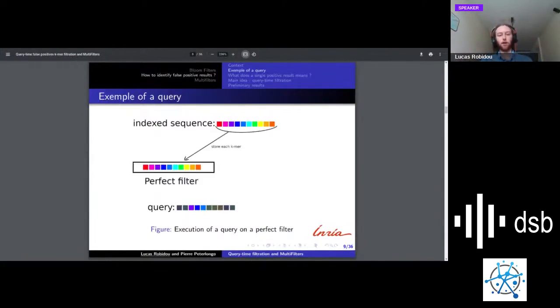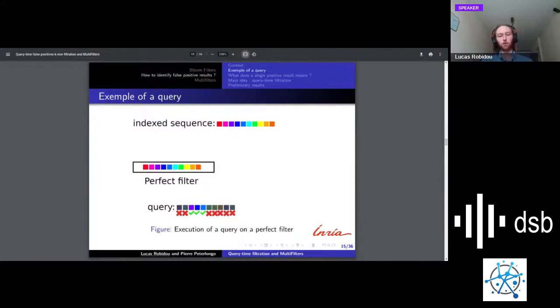In an ideal world, you could take a perfect filter, let's say a hash table, for example. You store each k-mer of your indexed sequence into your hash table. Then you take your query, you extract every k-mer, and you make a query for each of your k-mers. So let's test the first one, and it's a negative. The second one is negative, the third one is a positive, and so forth.